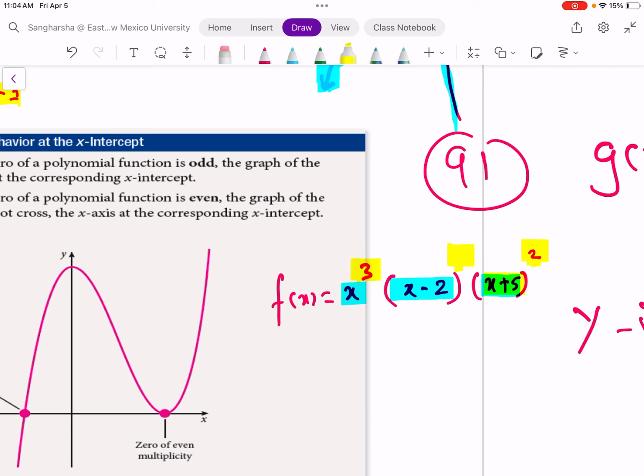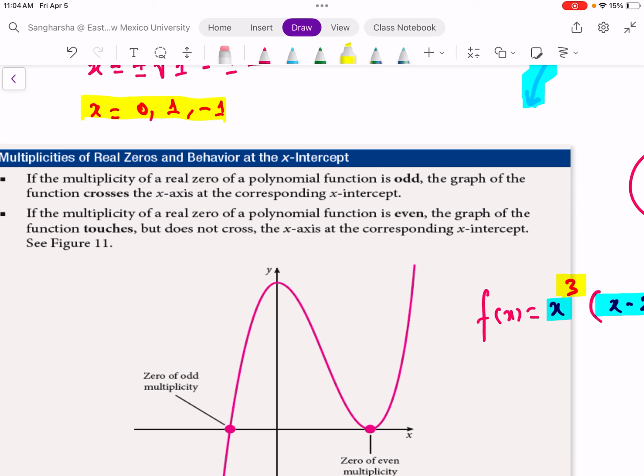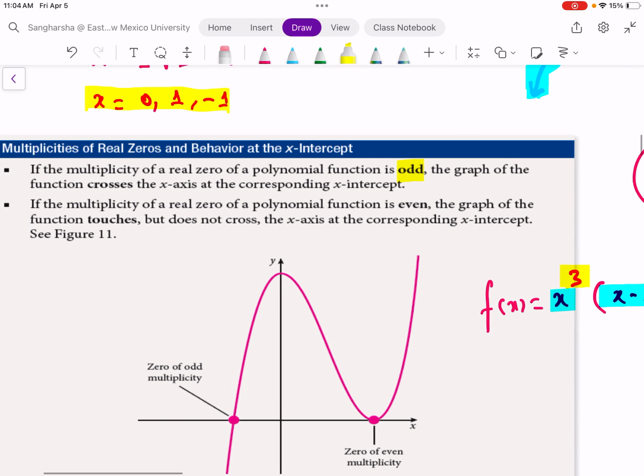Now, if the multiplicity of a real zero of a function is odd, like 3, 1, 5, 7, the graph of the function always crosses the x-axis at the corresponding x-intercept.